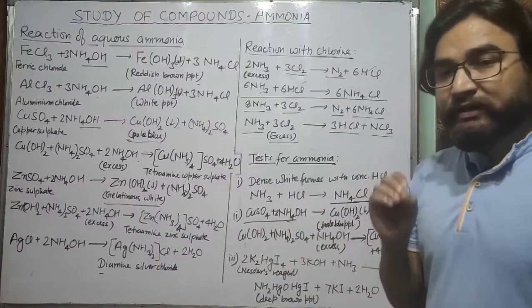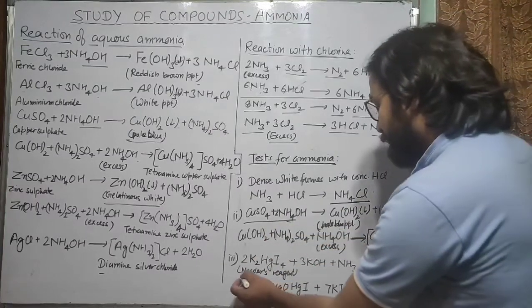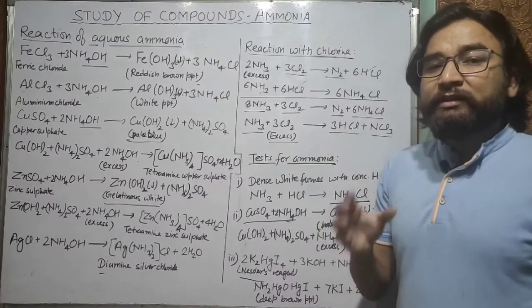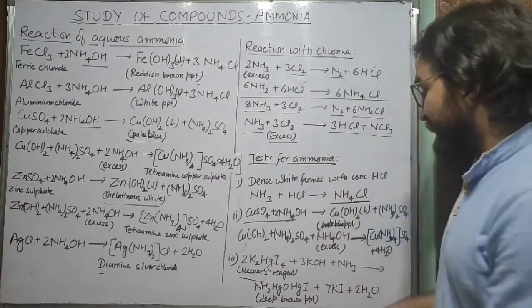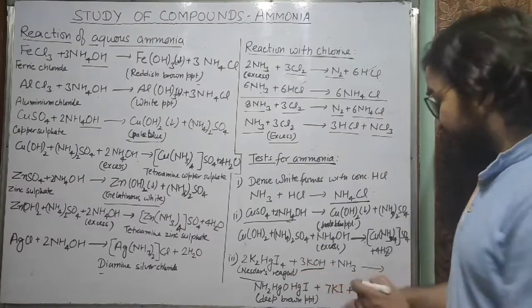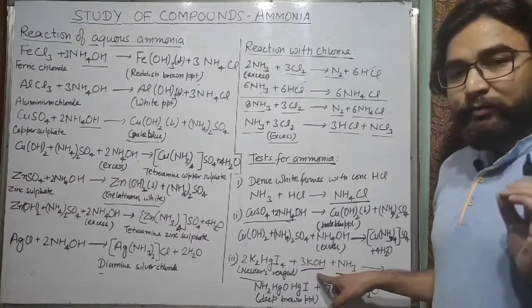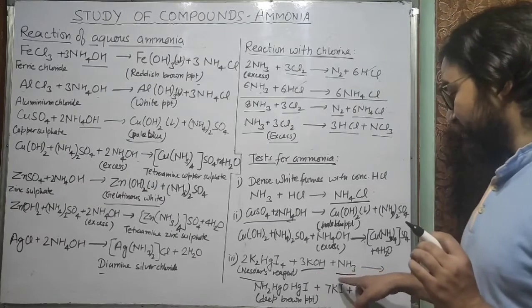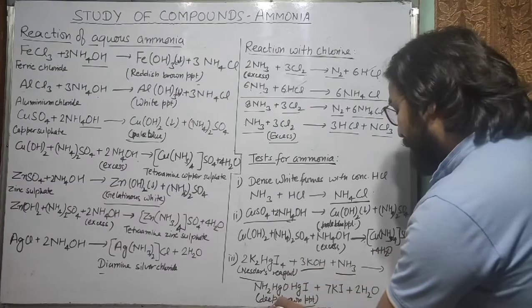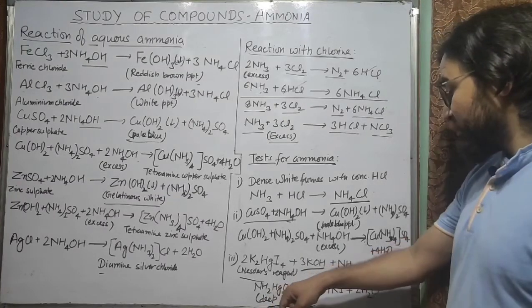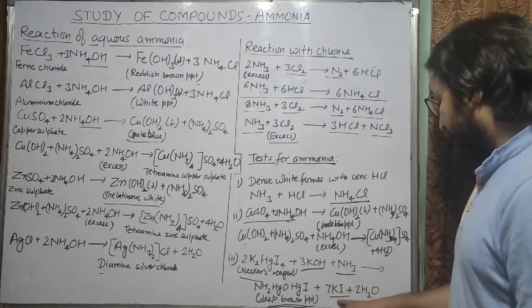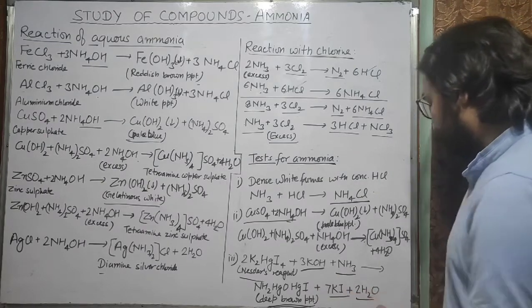Now the next test is with Nessler's reagent. Generally Nessler's reagent is colorless. When Nessler's reagent reacts with KOH and ammonia, that is potassium hydroxide and ammonia, so it is alkaline Nessler's reagent, it will form a deep brown precipitate of NH2HgOHgI, along with potassium iodide and water.